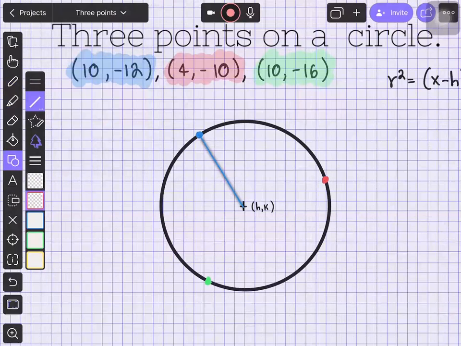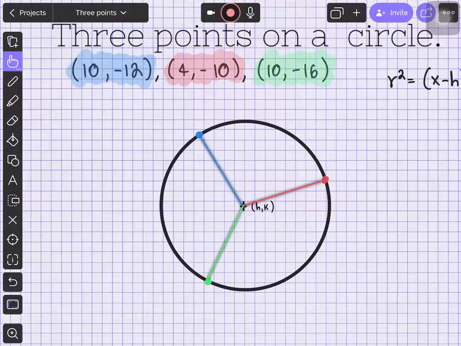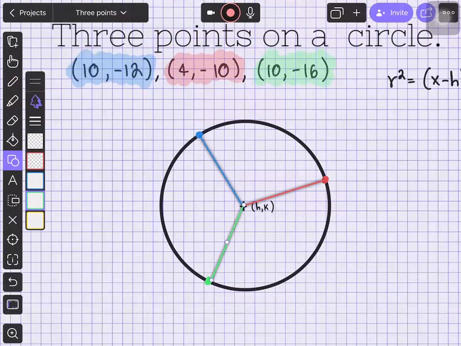The distance from this red point to the center is the radius as well. And the distance from the green point to the center is also the radius.